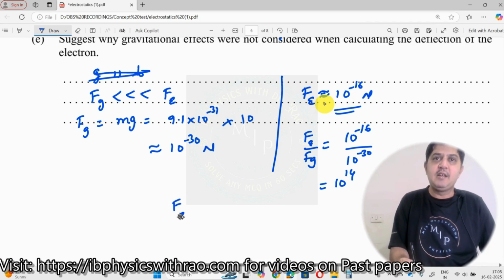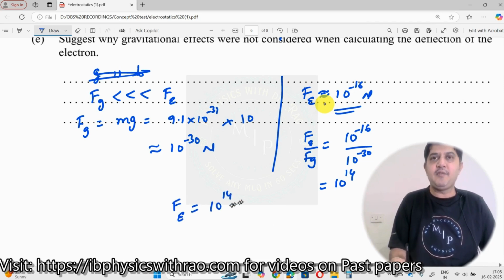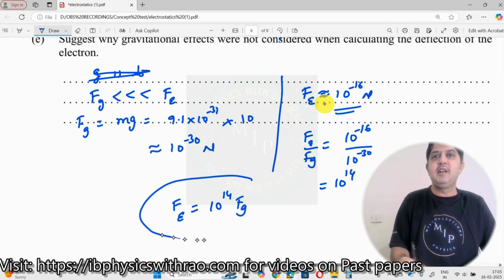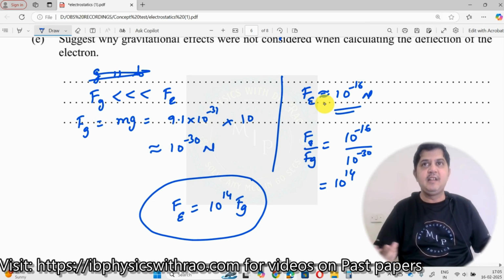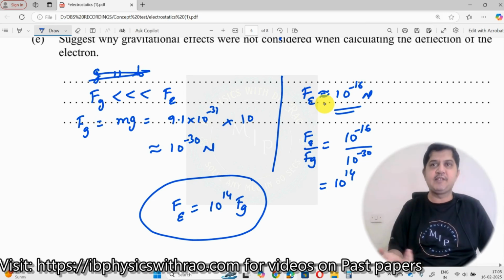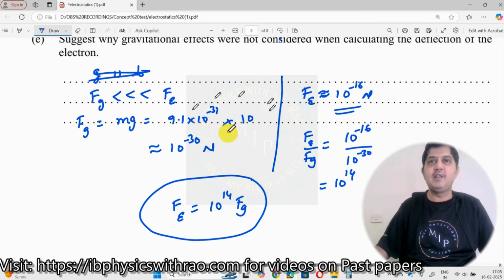Which means Fe is 10 to the power of 14 times Fg. It's not one time or two times, it is 10 to the power of 14 times. As a result, there is no point in considering the gravitational effects, and hence gravitational effects have been ignored. Okay, so this is what we have to say.